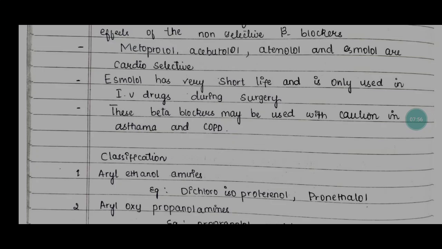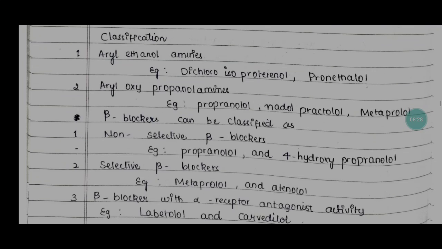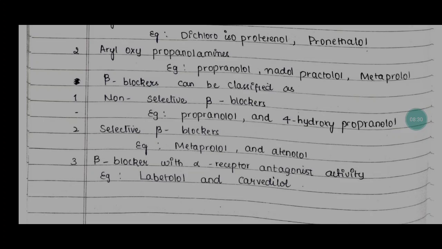And the classification: aryl ethanolamines, in that the examples are dichloroisoproterenol and pronethalol, and aryloxypropanolamines, where the examples are propranolol, nadolol, pindolol, and metoprolol. The beta blockers can be classified as non-selective beta blockers, selective beta blockers, and beta blockers with alpha receptor antagonist activity.